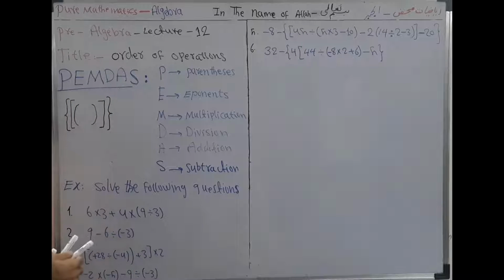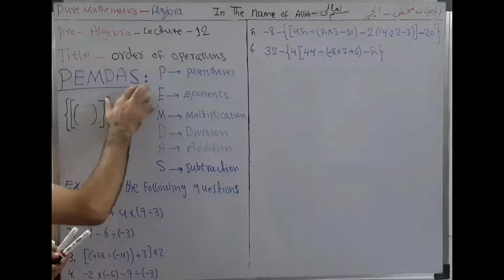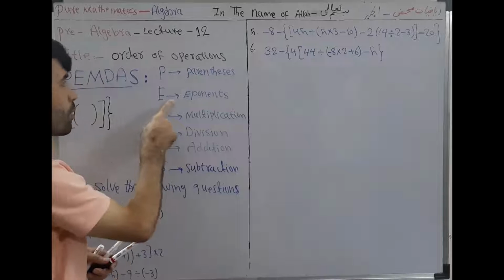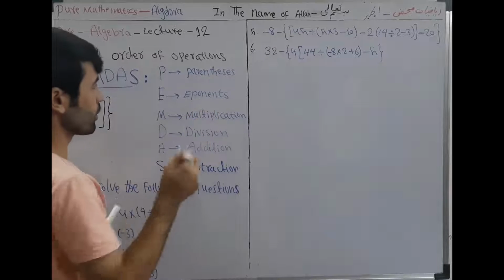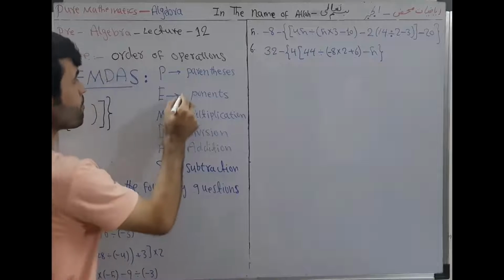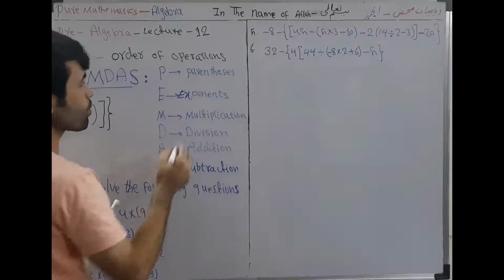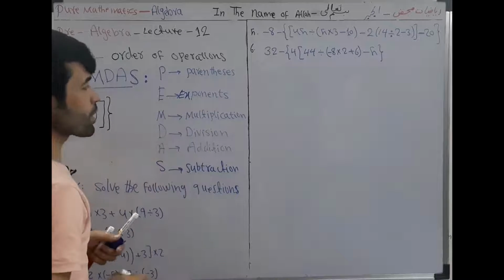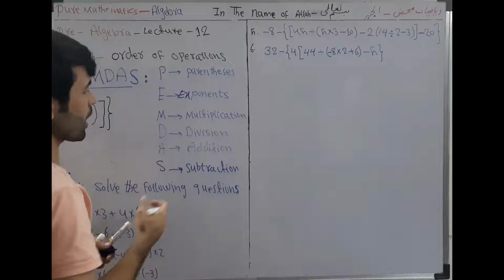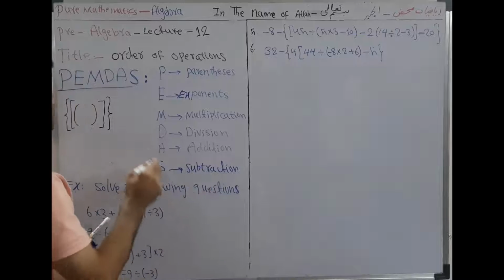How can we solve this kind of question? Here is the rule. P means parenthesis, E means exponent, M means multiplication, D means division, A means addition, and S subtraction.